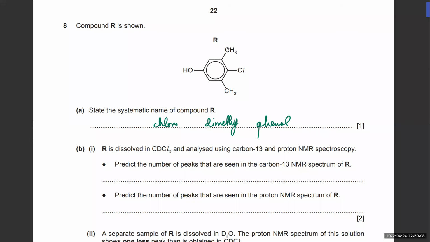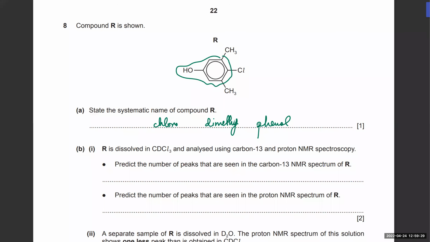Like if this was not an OH, you would call it methyl benzene. You will also call it chlorobenzene. It's going to be chloro and methyl benzene, both. Okay, so the suffix doesn't depend on that. OH comes in, that changes the suffix. Instead of benzene, it's now a phenol. Is that clear? Yeah. So just remember that.